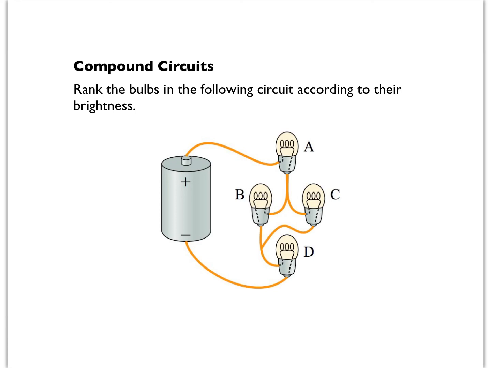But let's look at bulbs B and C. Current comes out of bulb A and it splits. Some of it goes through bulb B, some of it goes through bulb C. So the current in bulbs B and C will be less than in bulbs A and D, and I'm going to expect them to be dimmer. But how about their brightness relative to each other?